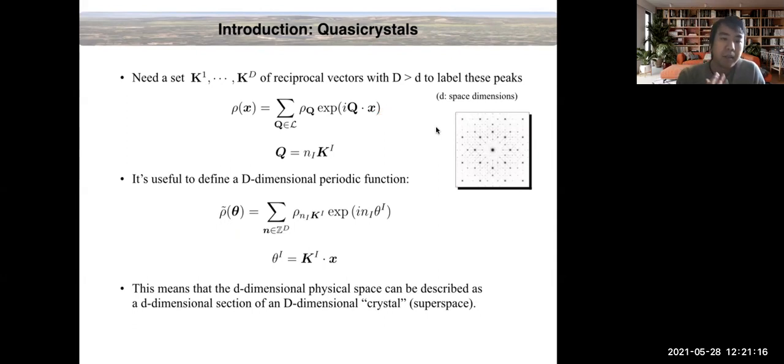This means that the original physical space can be interpreted as a section of a higher dimensional crystal, in a higher dimensional space. This higher dimensional space is usually called superspace. You may have heard that you can view the quasicrystal as a projection from a higher dimensional crystal, and this is where it comes from.